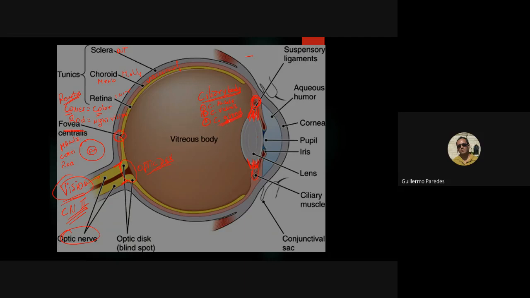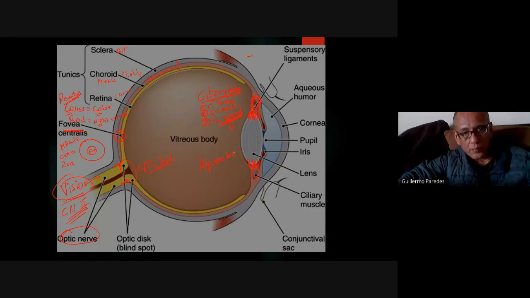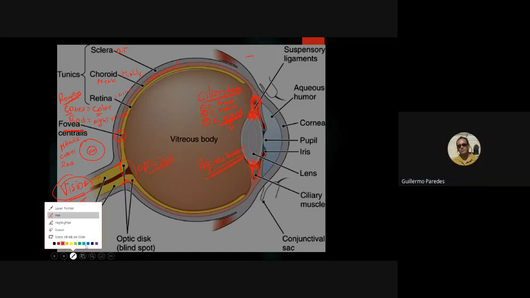The ciliary gland is going to produce the aqueous humor. Please listen to this. Who produces the aqueous humor? The ciliary gland. That is part of the ciliary body.